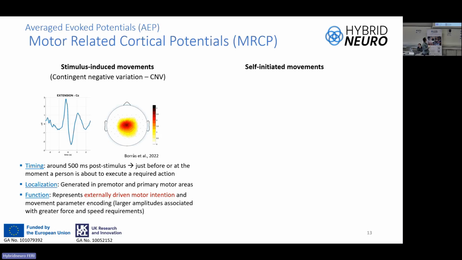In this case, there is a potential called contingent negative variation, the CNV, that appears 100 milliseconds post stimulus, but as we align to the response, it appears just before or at the moment the person is executing this action. In this case, this is aligned with the movement onset. And this is the signal.